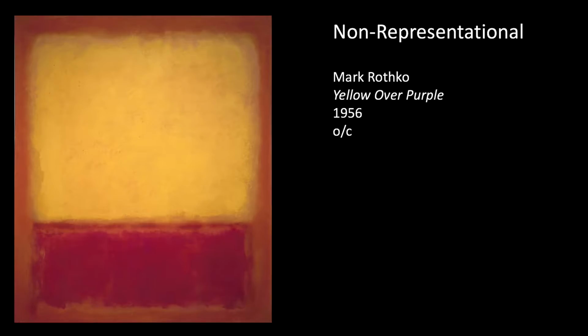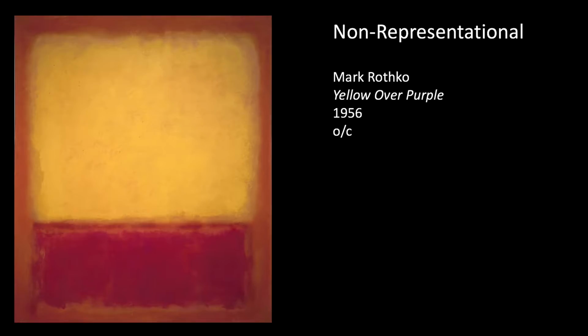They're not representing any physical thing, which is why we call them non-representational. But he would argue that his painting is just as real as any other painting or piece of artwork.